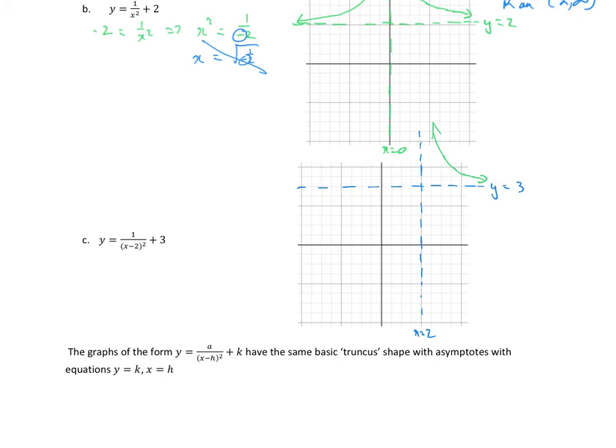Again, we're going to have a y-intercept this time, so hopefully it'll be something above 3. If I put x equal to 0, I get y is equal to 1 over negative 2 squared plus 3, which is 3 1/4, which makes a little bit of sense. It fits in, doesn't it?